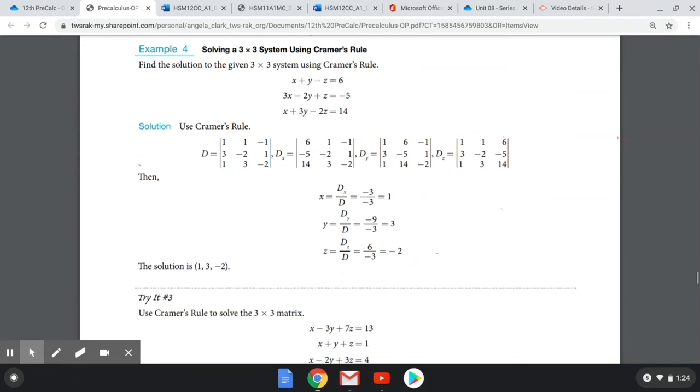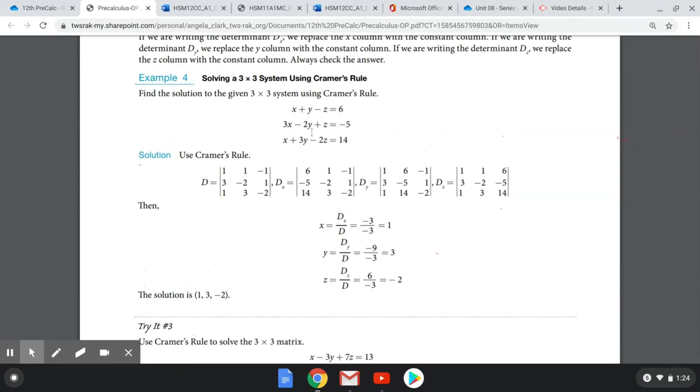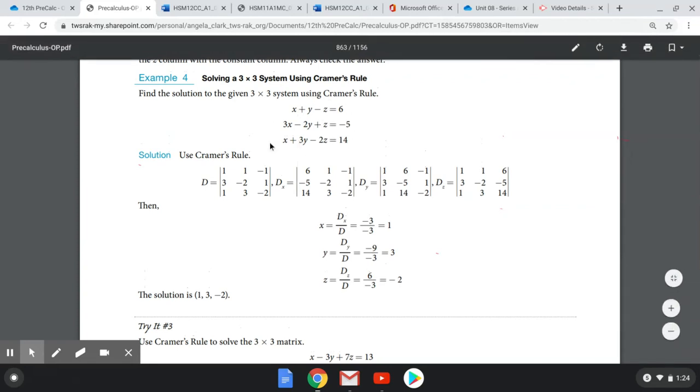So let's look at this example. If this is our system, then our regular matrix is going to look like this. Our X matrix, you see it has the answers, the Y coefficients, and the Z coefficients, and so on.